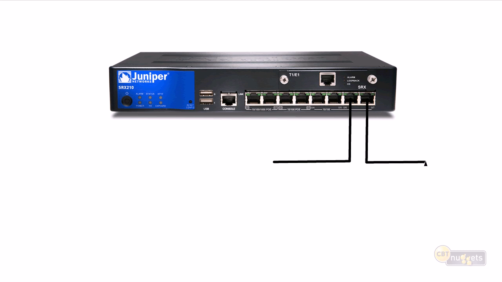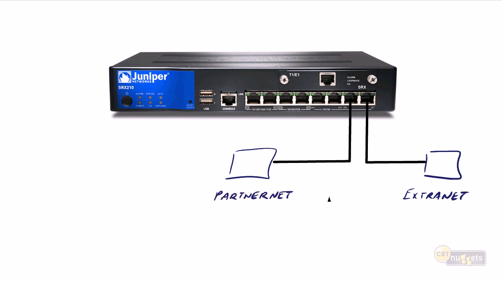So on FE007 here, this of course goes to my extranet zone, and I also placed on FE006 another zone, and I'm calling this the partner net. So what I want to do is keep this on the 192.168.2.0/24 network, but I want to translate to a pool of addresses to this partner net. So I want to expose the hosts in this extranet here as network address translated addresses to the partner net.